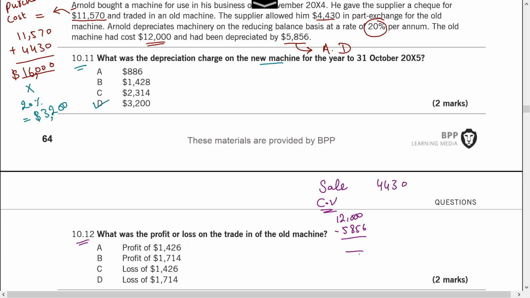So as a result our total carrying value of the asset will be 6144, and you can see that the actual carrying value of this machine is higher than its disposal amount. So that means we had made a loss of $1714.